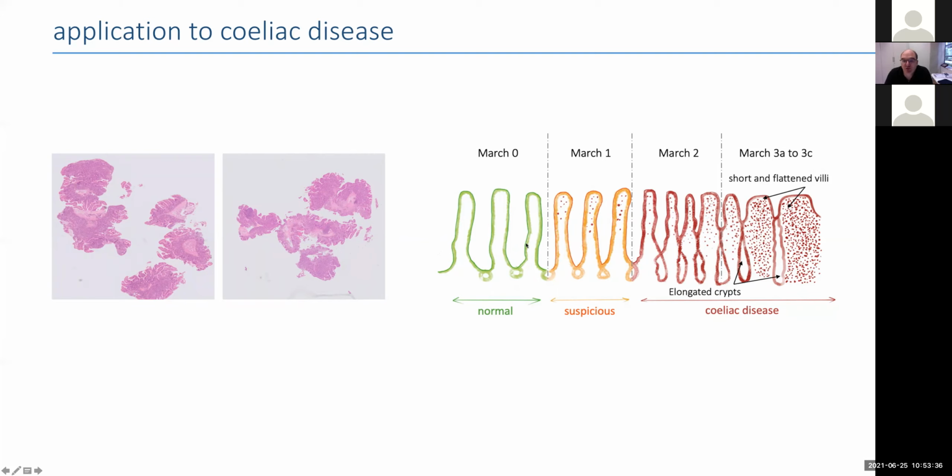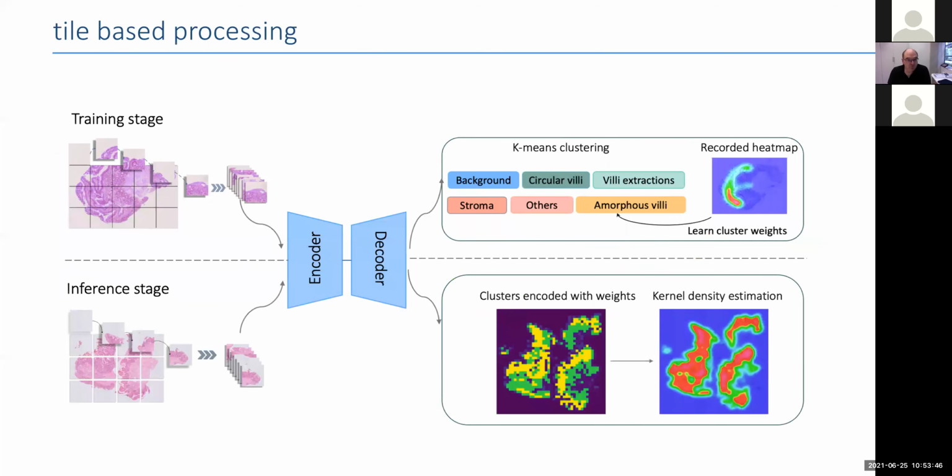And of course, if you cut a specimen, you cut these villi at different angles. So you now want to find which villi can be used for interpretation and diagnosis. So here, very similar principle. We use a tile-based approach. We use essentially this attention map. Here we only have case level labels.